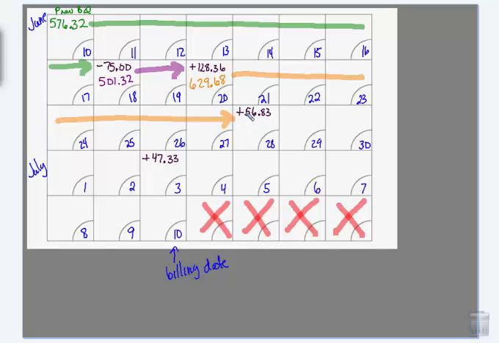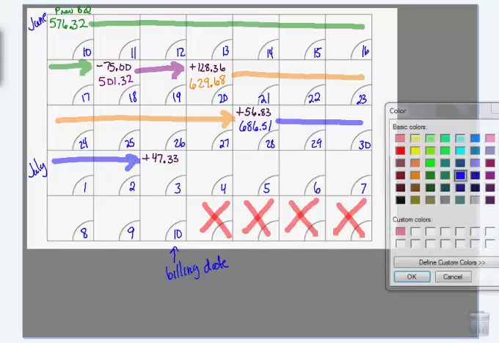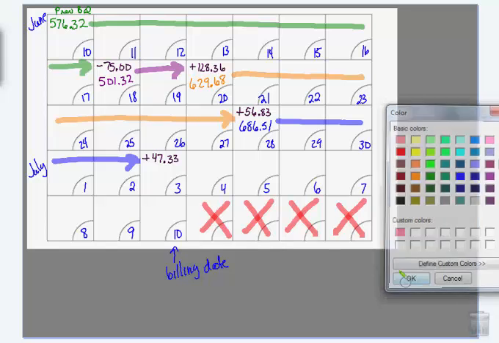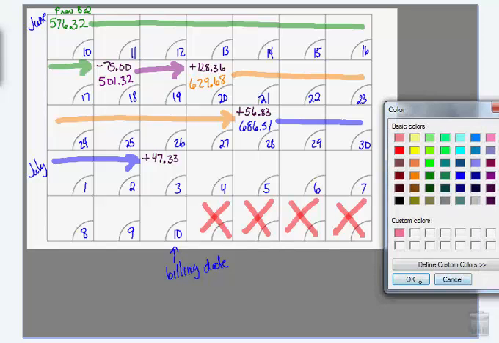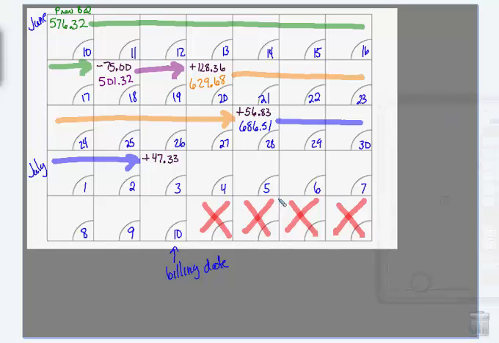Which brings us up to 686.51. And we stay 686.51 until July 3rd, where we charged 47.33, which brings us up to 733.84. And we stay 733.84 for the remainder of the billing cycle.